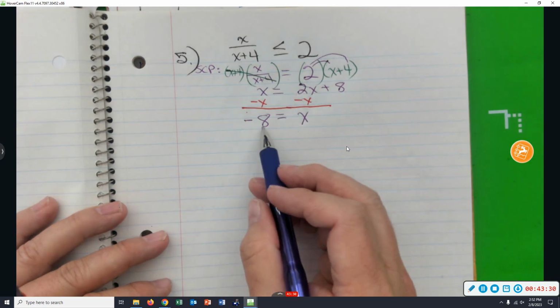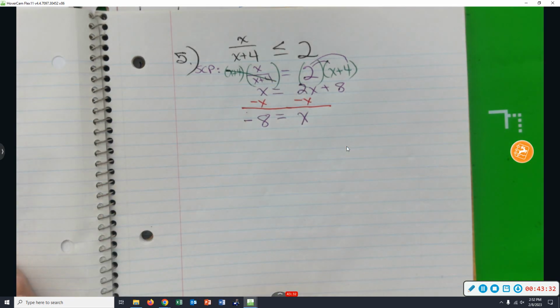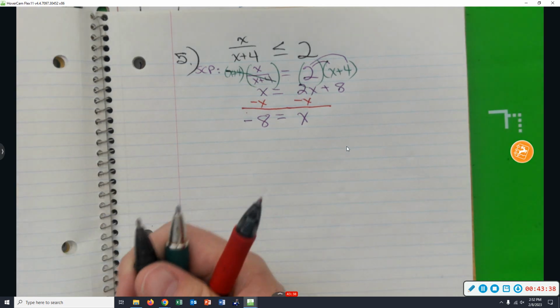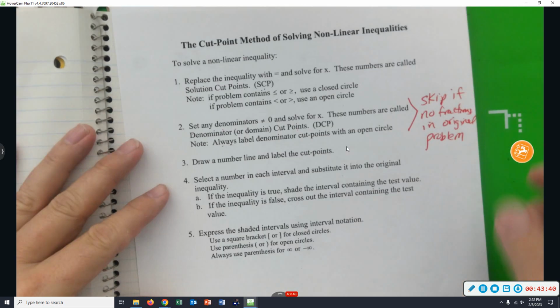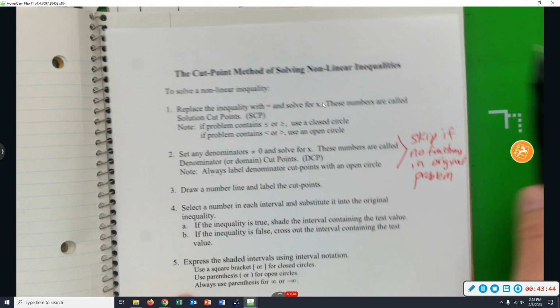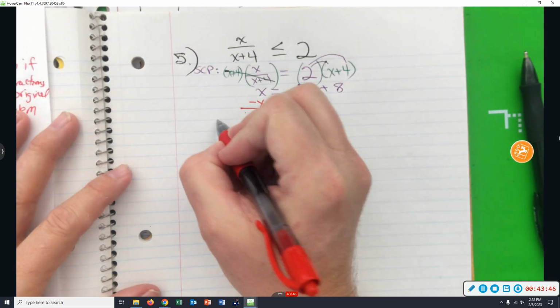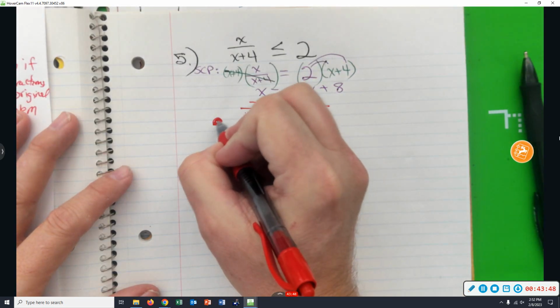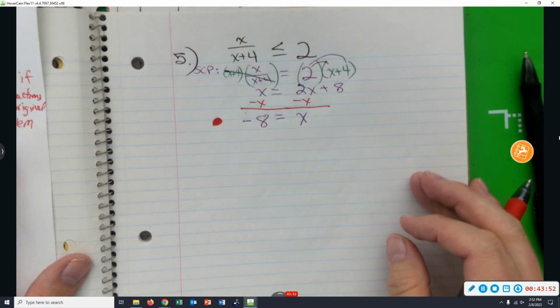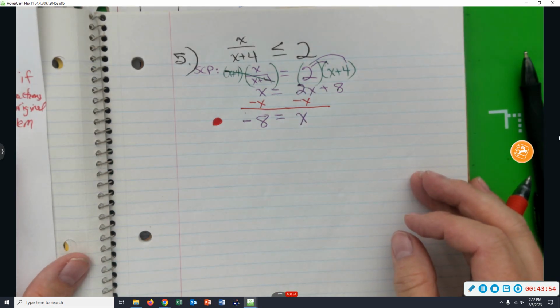I just found my solution cut point of -8. Open or closed? It contains equality, so I agree. It's going to be closed when I label it on the number line. Any questions on our logic there?